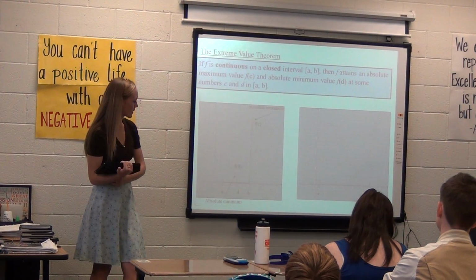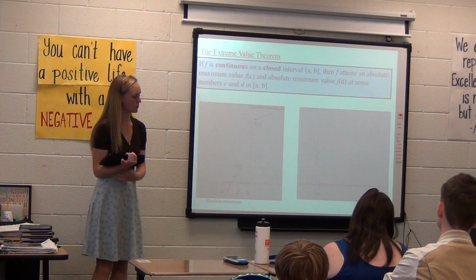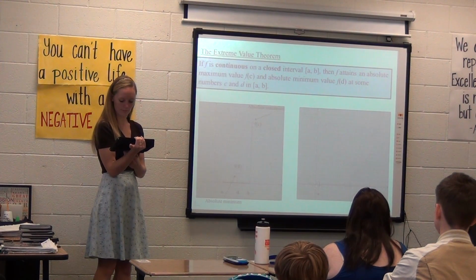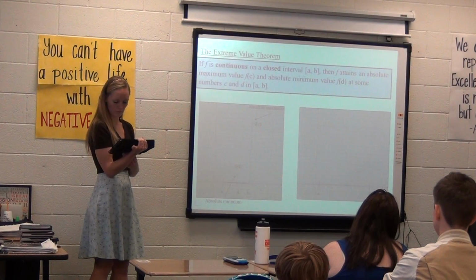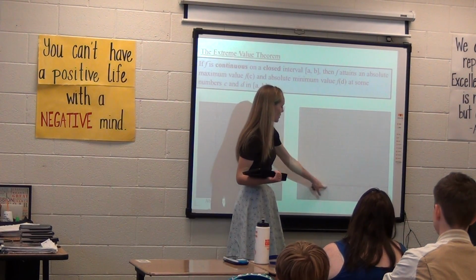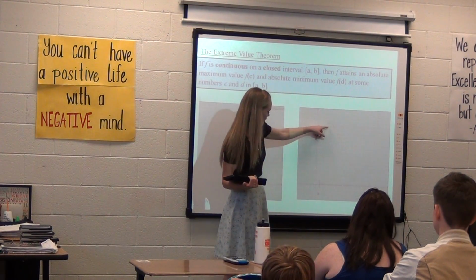So our absolute maximum, Catherine, would be where? Absolute maximum. Oh, 8. You're looking at the y value, sorry. Yep, so we've got an absolute maximum somewhere around 1 point something, and 8.